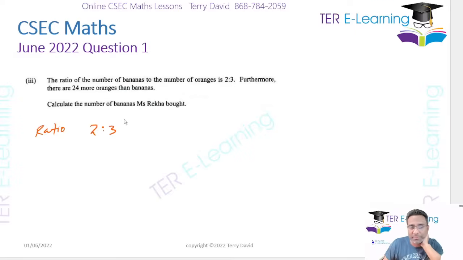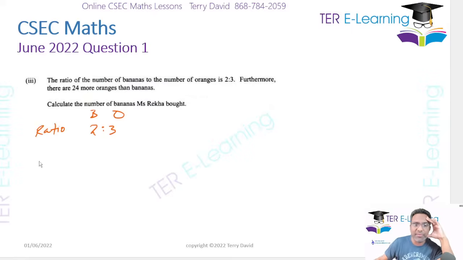Now, which one is which again? Bananas. So this is bananas and this is oranges, and they are telling us that we have 24 more oranges than bananas.